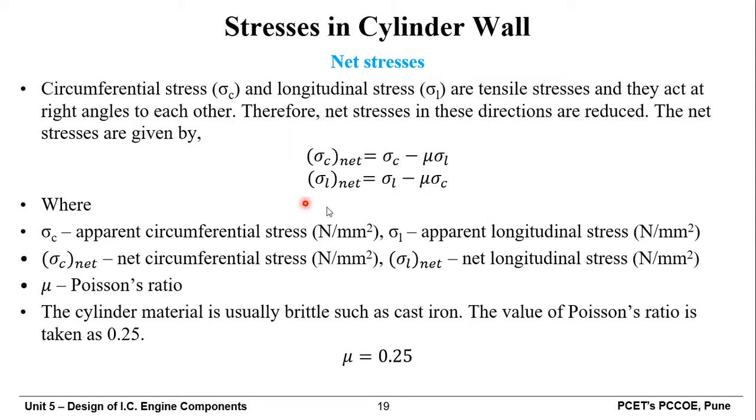By using this formula, if asked to calculate net stresses, you can do it. Poisson's ratio depends on the material. Generally, cast iron is used for the cylinder wall, in which case you can take Poisson's ratio as 0.25. But if a different metal is used, the value will be given to you, or you can refer to a design data book.